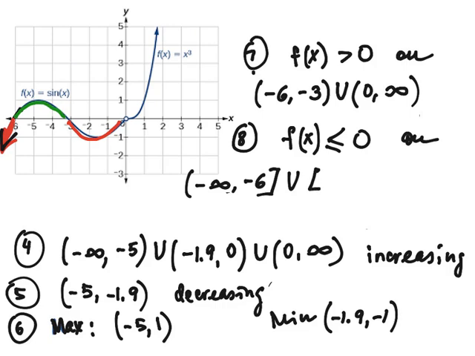Now you do want to include -3, right? Because it says or equal to, and at x equals -3, the y value is 0. Now be careful when you get to 0, even though it says or equal to, you don't want to include the 0. How come? Oh, because your function is undefined. It doesn't exist at that particular point. That's why. And then what happens after that? After that, your graph is above the x-axis.